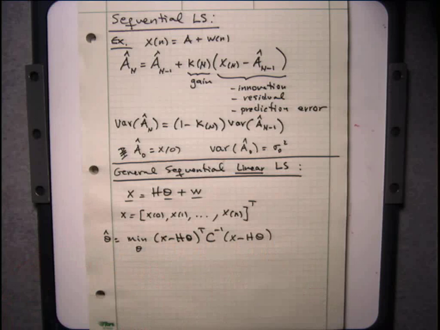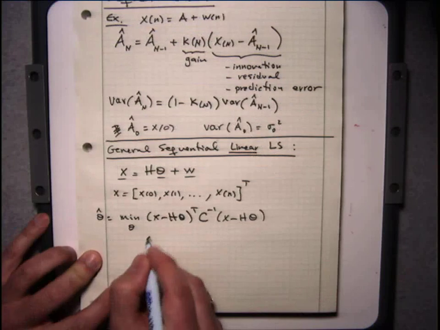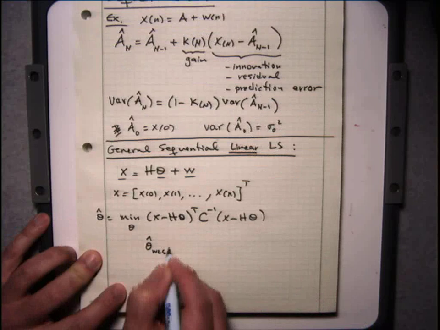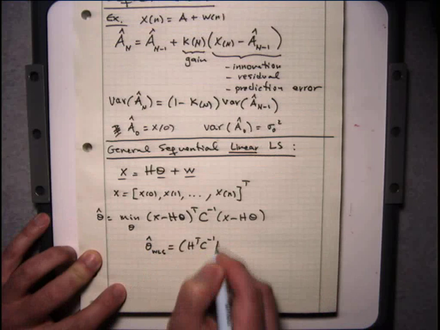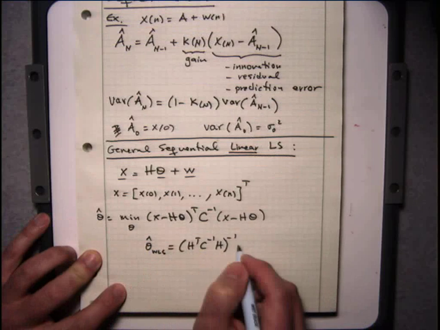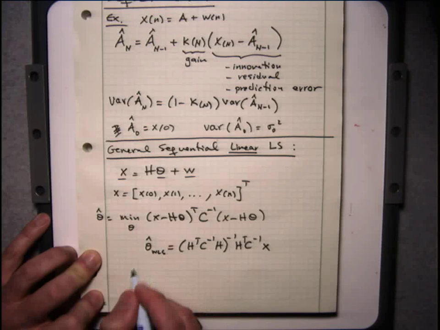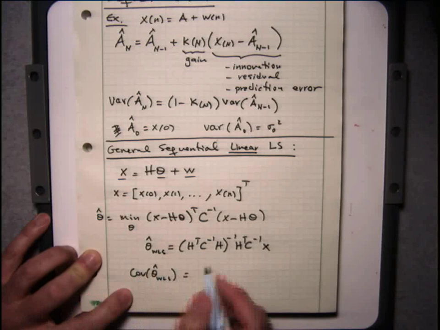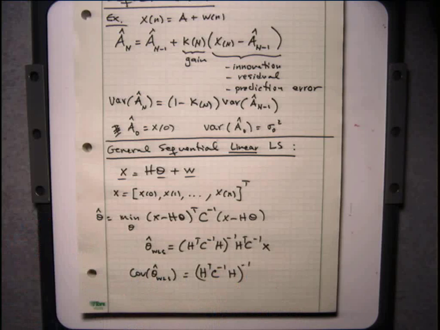With this in place, our weighted least squares estimate given this data is h transpose C inverse h, inverse, h transpose C inverse x. And the covariance of this estimate is h transpose C inverse h, inverse, which is simply this piece here.